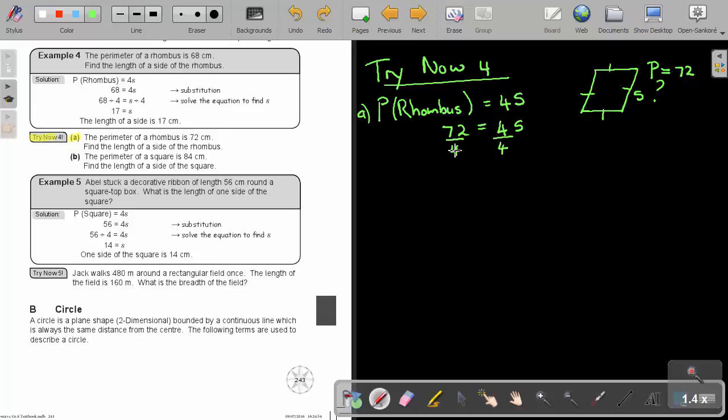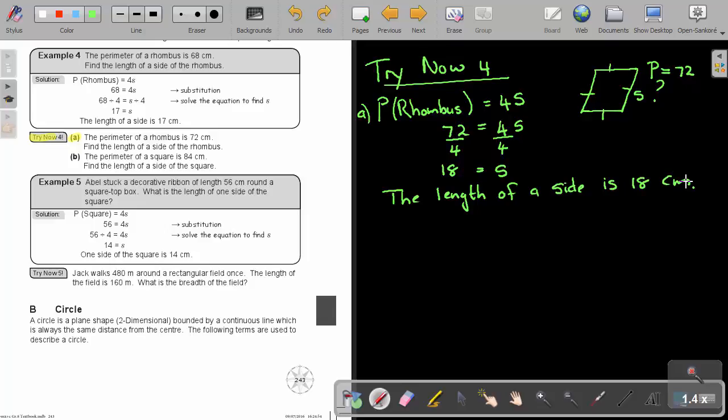Both sides I divide by 4. And I will get that s is equal to 18. And I can end with my sentence and say the length of a side is 18 centimeters.